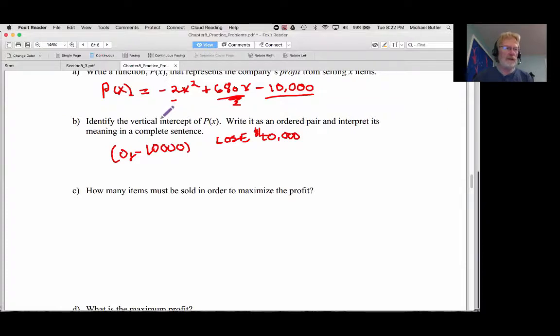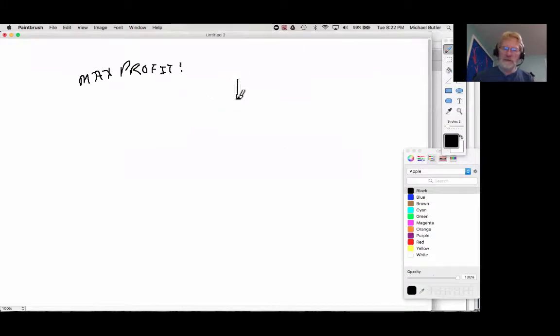So our function looks similar to this, where this is my x, and this is my p, which is my profit. I know that the intercept's down here at negative 10,000. In other words, I lost $10,000 if I don't sell a single one of them. But then my profit starts to increase as I'm selling them, and then it's going to turn around and come back down again.